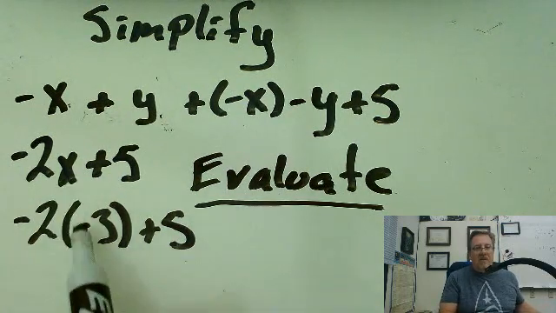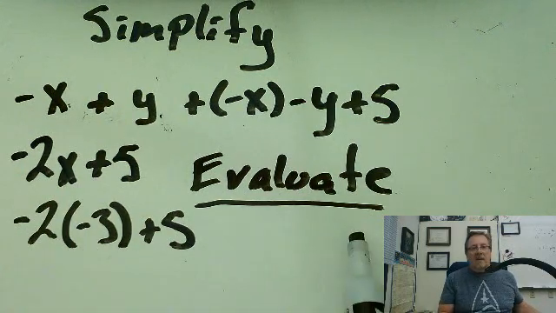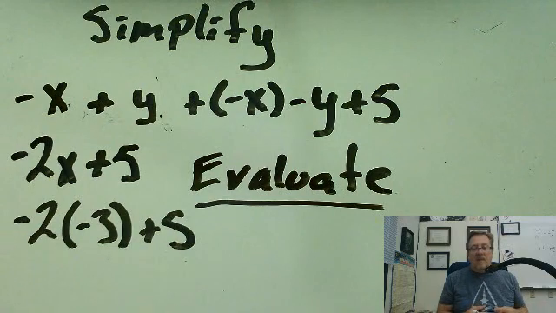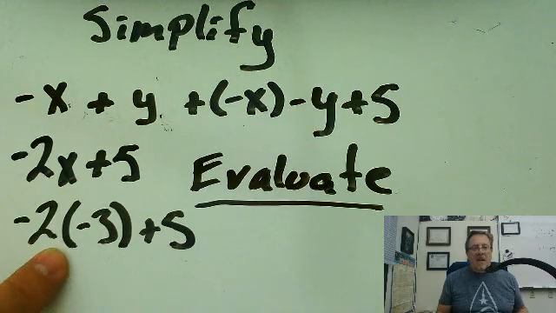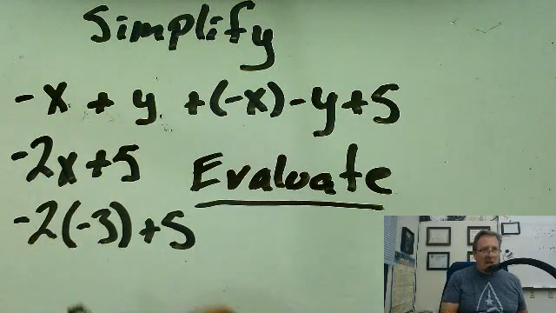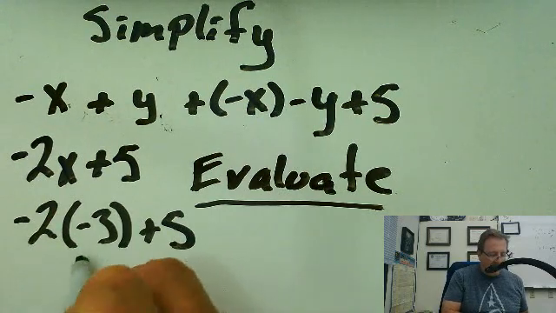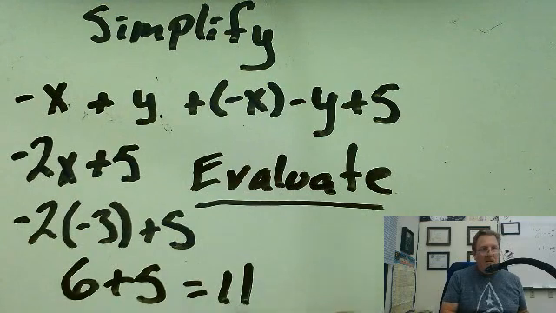Where the x was, now we have a negative 3, so that we can evaluate or do the arithmetic, do the math, and see what we get. This notation indicates multiplication. It says I'm going to multiply negative 2 times negative 3. And when I do that, I get positive 6. Still plus 5 to get an answer of 11.